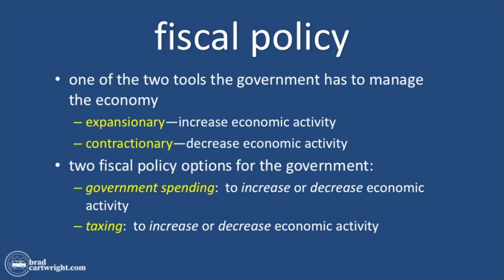Fiscal policy has to do with the government's ability to manage the economy via changing the amount of government spending or changing the level of taxes that the government levies on its citizens. That would be either through sales taxes or maybe even import taxes or maybe even income taxes, okay? So just keep that in mind.